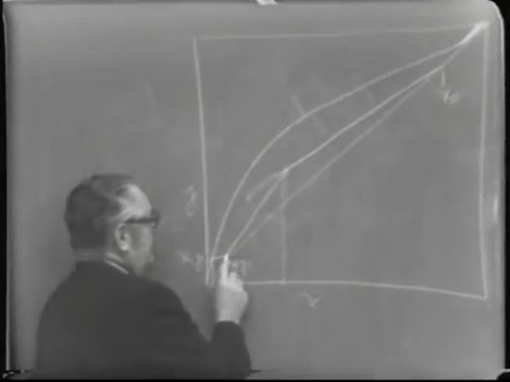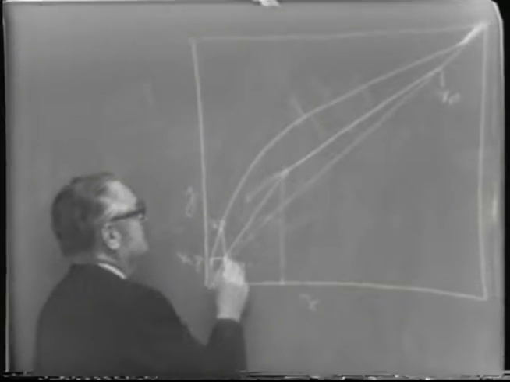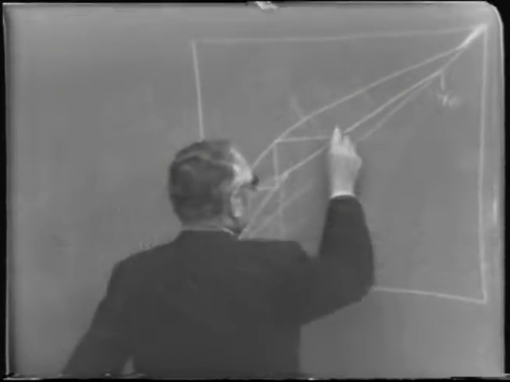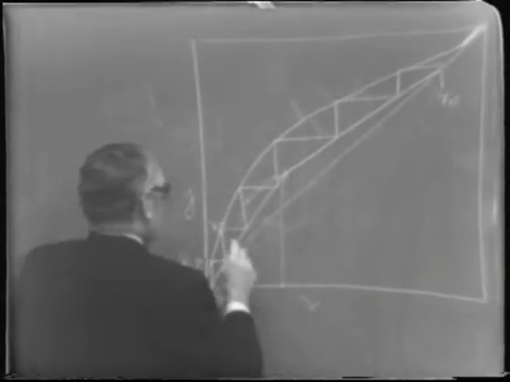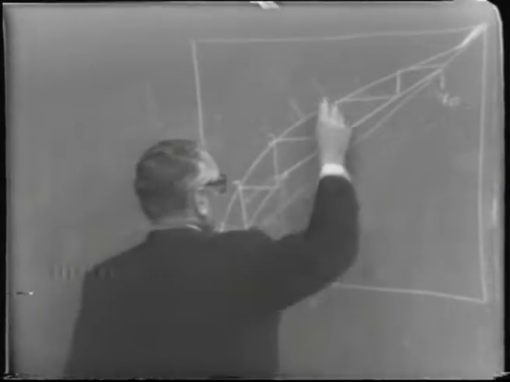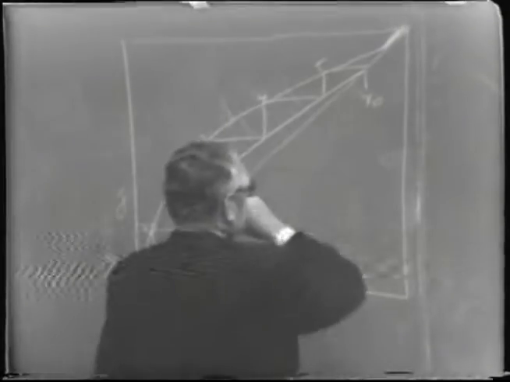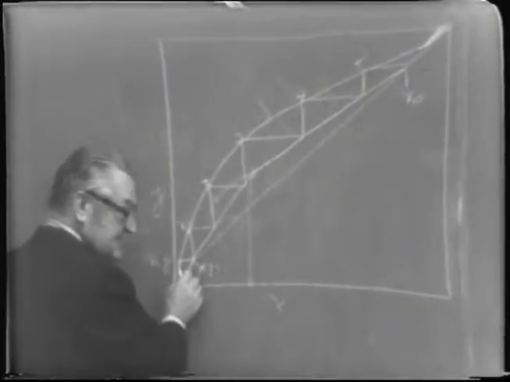And projecting up here, then this would represent x1, y1, and so forth. And so then this would be tray 2, 3, 4, 5, as I've drawn it here. Ideal trays. It'd be 6 stages if you count the pot.